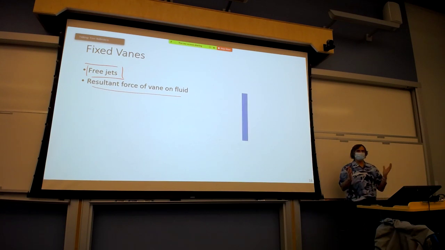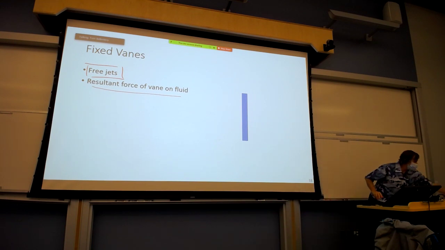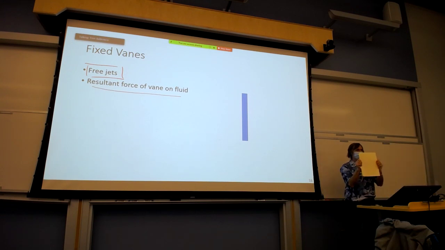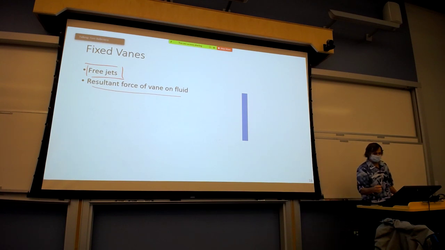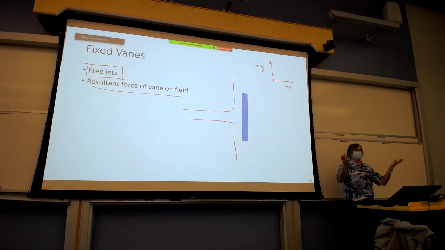So for example, here's a vane. Think of it as a plate. So you're looking at the edge of the plate. And the plate might be just a rectangle. And assume, for example, that you're actually looking in a horizontal plane. So here's the plus x, and here's the plus y. So you're looking down on this thing. And so what could happen is, for example, you've got this flow coming onto this plate.